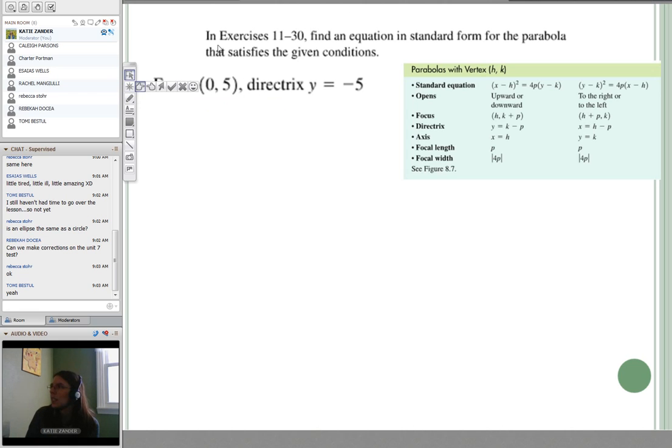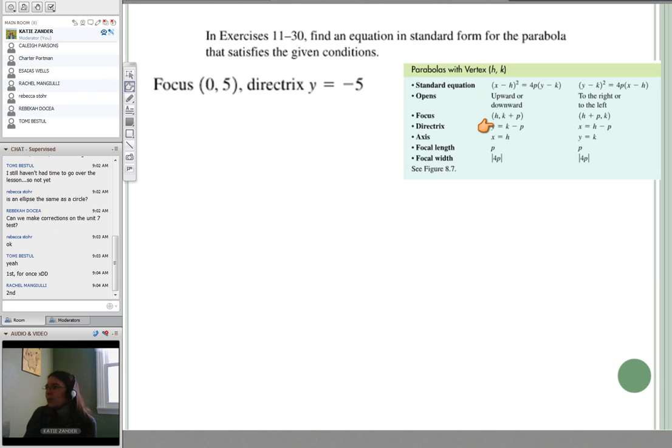All right, this one says to find an equation in standard form for the parabola that satisfies the given conditions. So they give us the focus and the directrix. The first thing I want us to identify is which formula we need to be looking at. Should we be looking at column 1 or column 2? It is going to be the first.